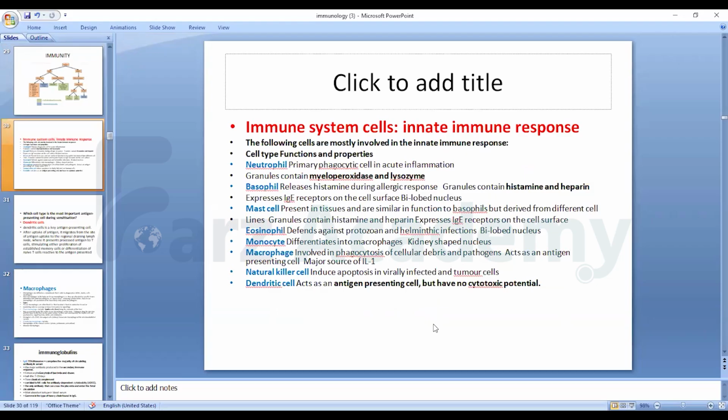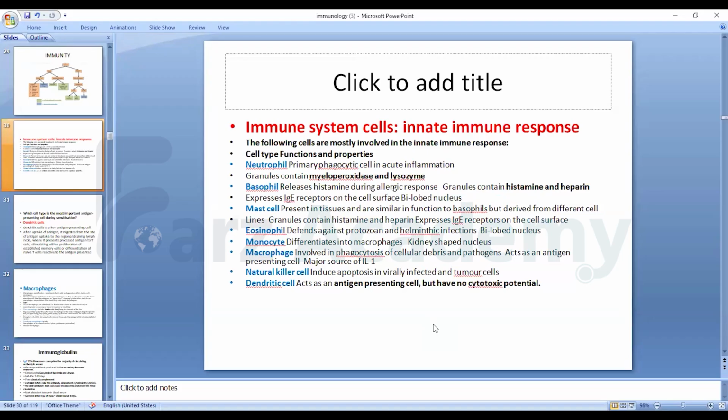Neutrophil is the primary phagocytic cell in acute inflammation. Granules contain myeloperoxidase and lysozyme. Basophils release histamine during allergic response. Granules contain histamine and heparin. It expresses Ig receptor on the cell surface and has a bilobed nucleus.